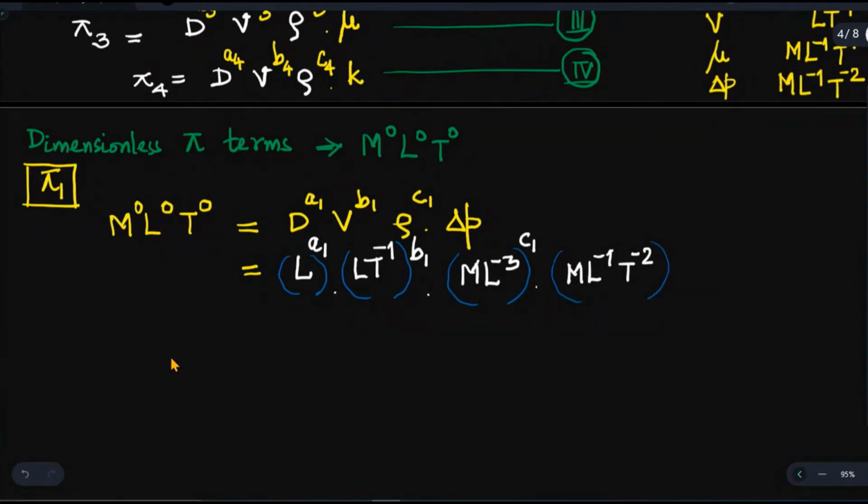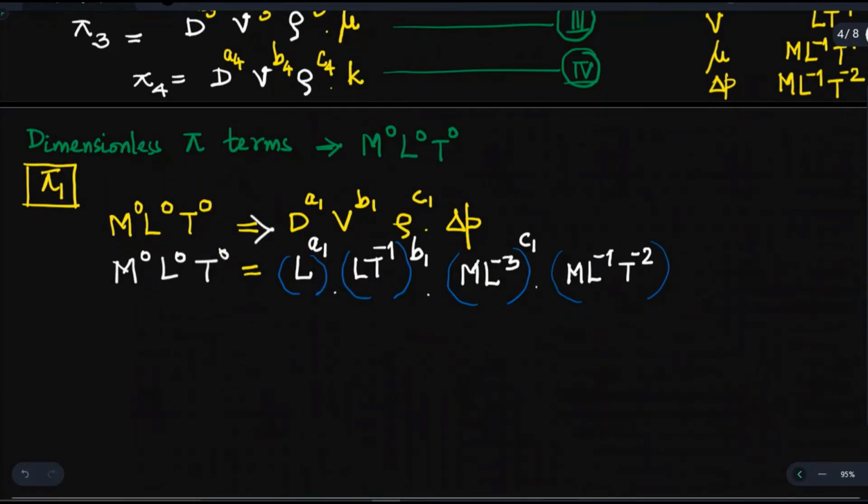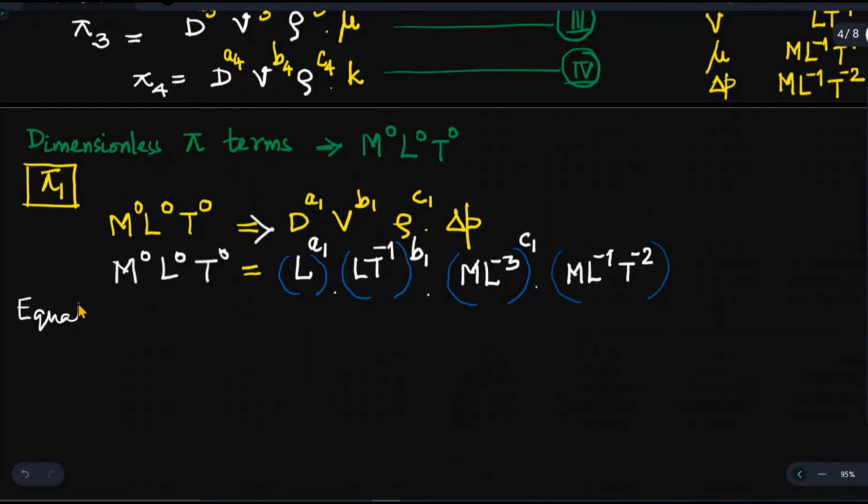So now we have the left hand side and right hand side very clear. On the left hand side, for the pi term, we have M raised to 0, L raised to 0, T raised to 0, and we equate the powers of M, L, and T on both sides.